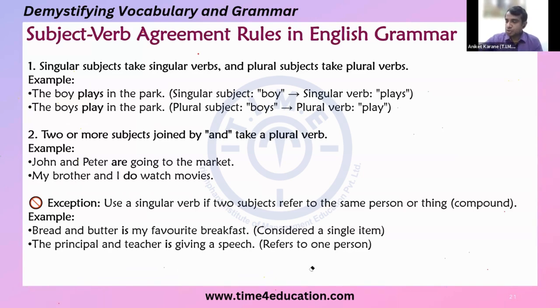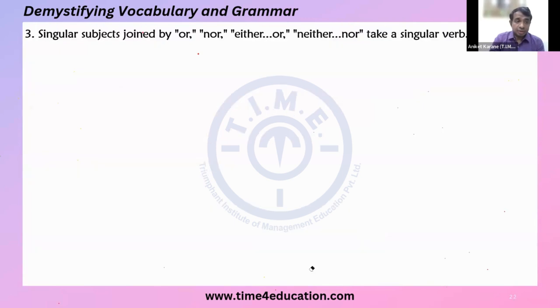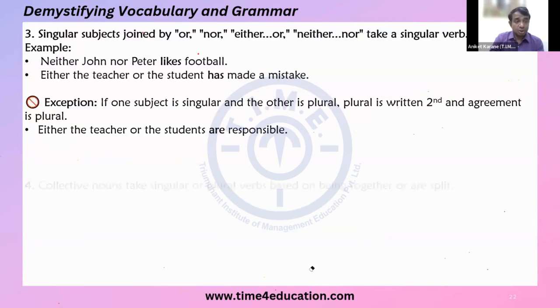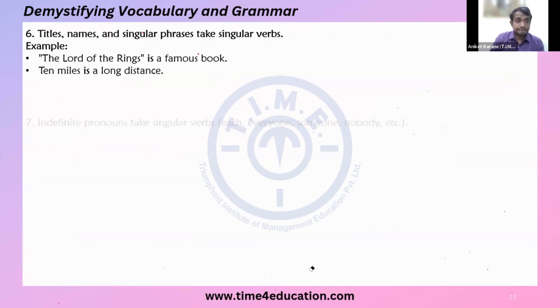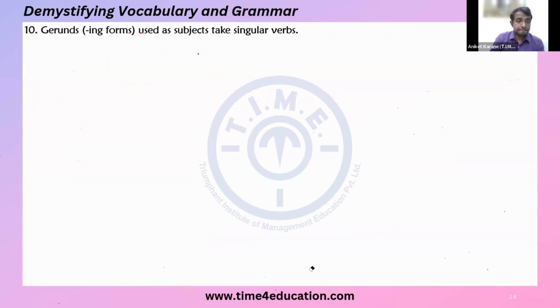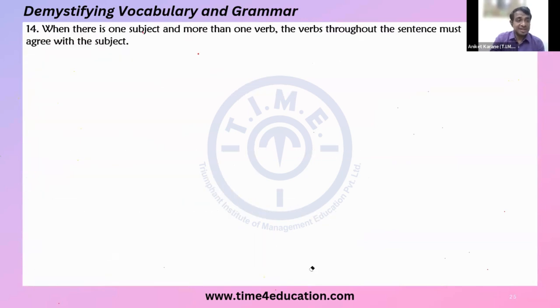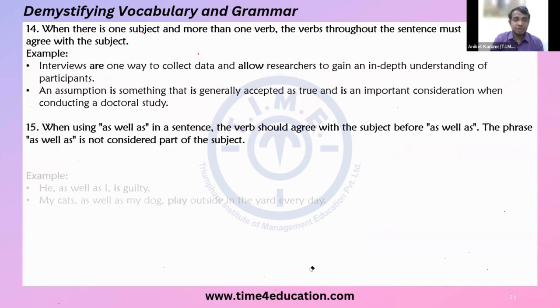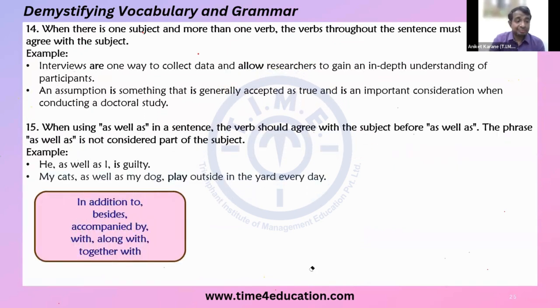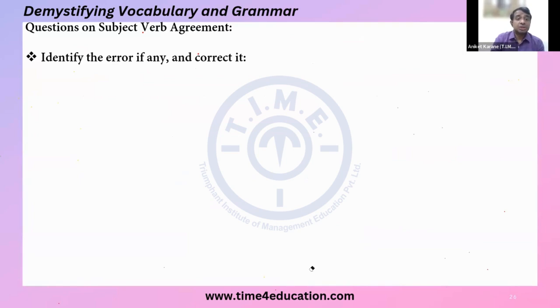So as we have done with the rules, I have 20 odd questions here, which we are going to solve. Let's solve those. If you have understood the rules, they're going to be pretty easy. You will easily be able to figure out what's happening there or how to change it.